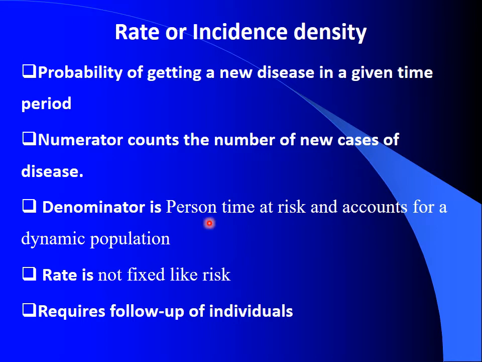In the numerator it is the same number of new cases, but as compared to risk, in the denominator we have the person-time contributed, and it accounts for a dynamic population. We'll see with an example later. So rate is not fixed like risk, and this also requires a follow-up study.